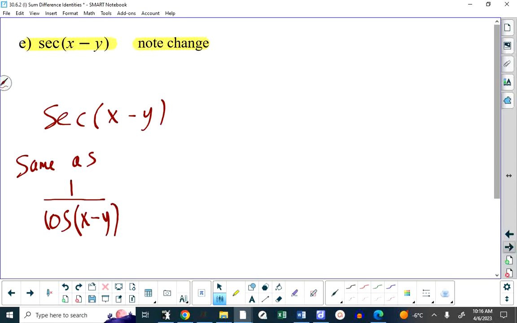And in one of these questions, we found the cos of x minus y, didn't we? Didn't we find it to be 33/65? So that means this is 65/33. So if you're ever given a question like this that said, what is the secant of x minus y? Find the cosine of x minus y the way we did, and then flip your answer over.